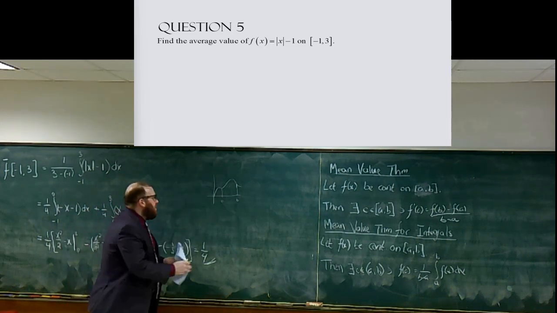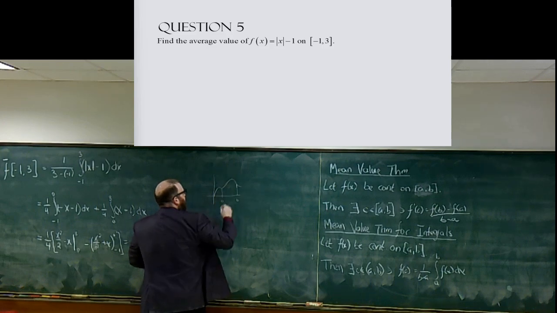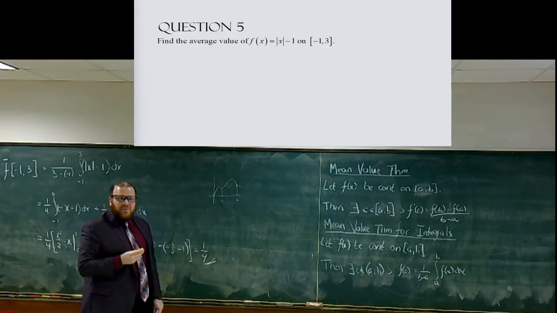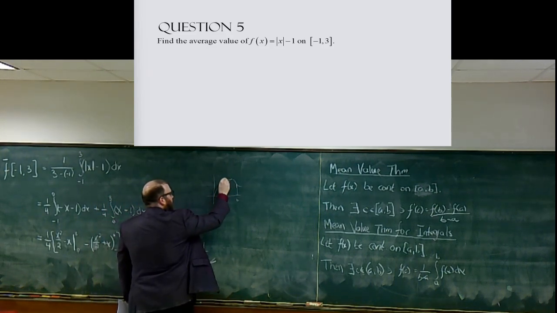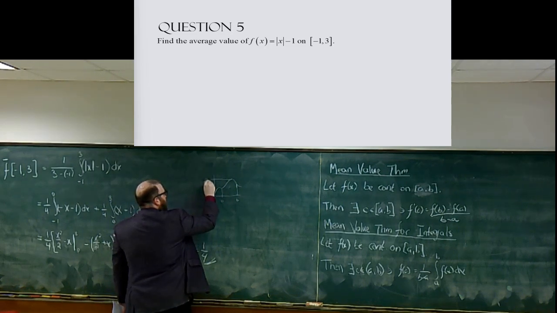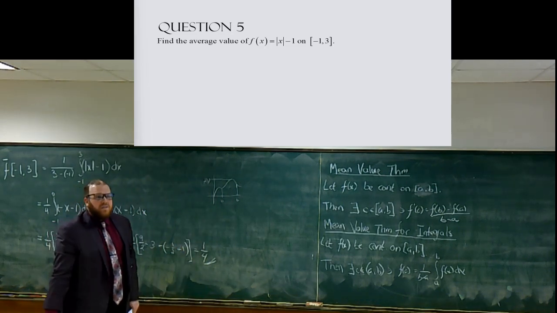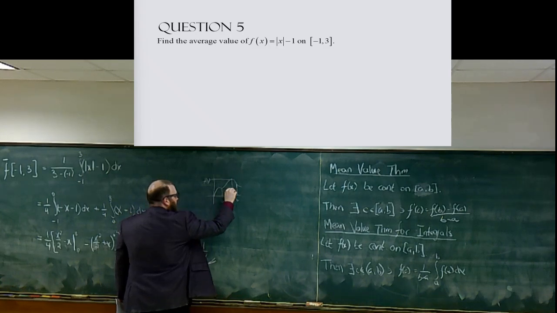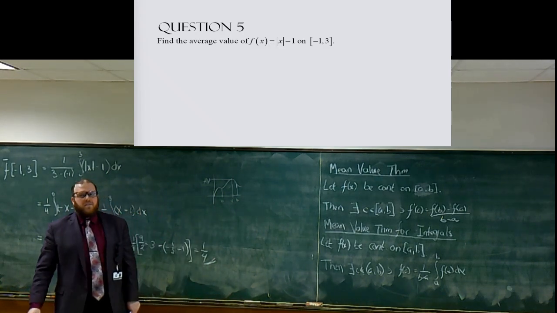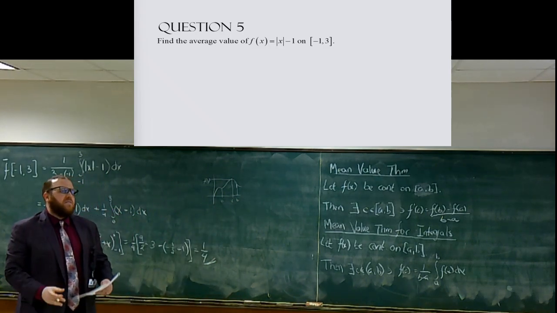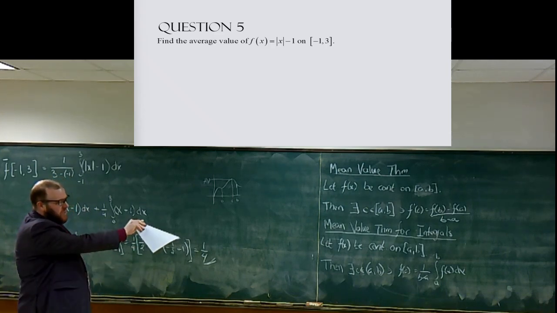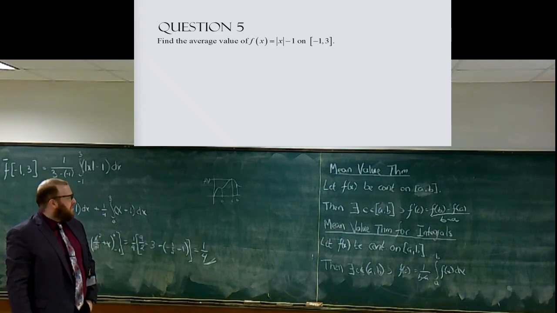Your average value is going to lie somewhere on that line. Has to. Let's say it's there. That's f of c. That would be c. Now, it's possible there's more than one point where it's true.